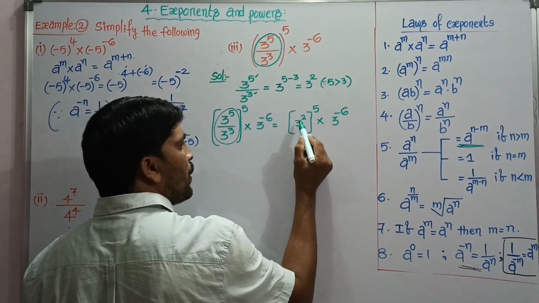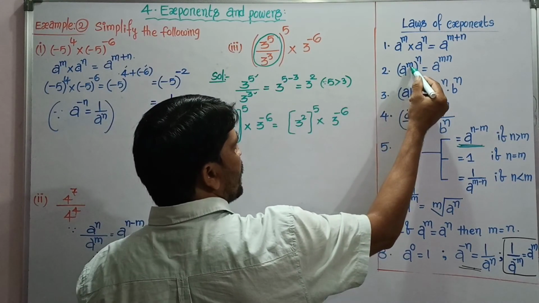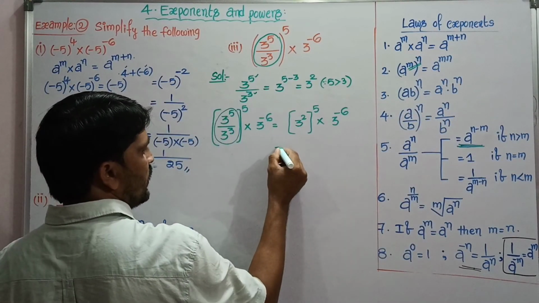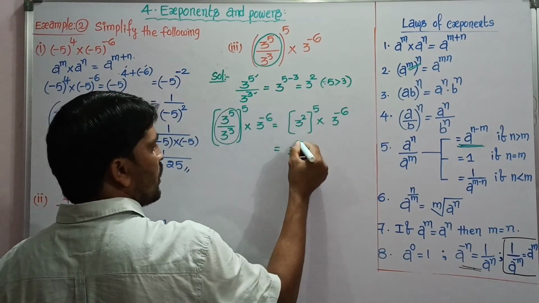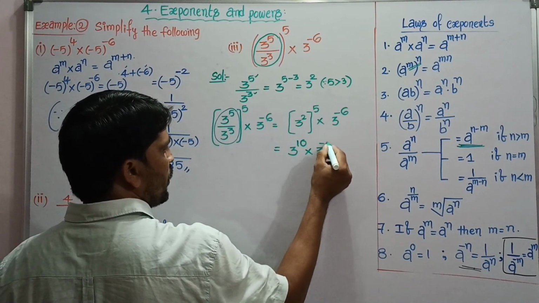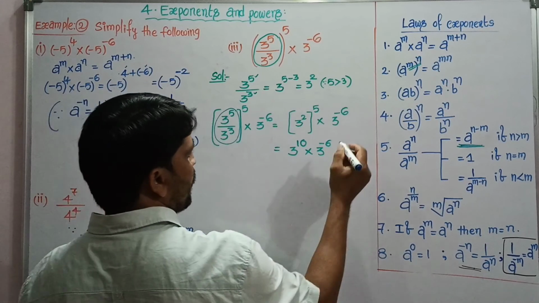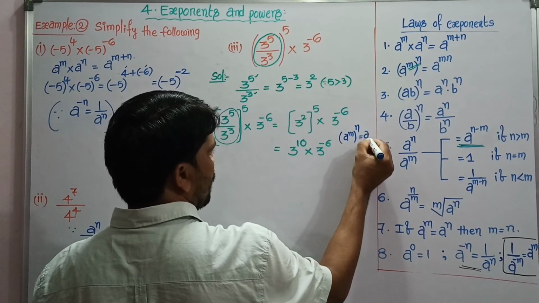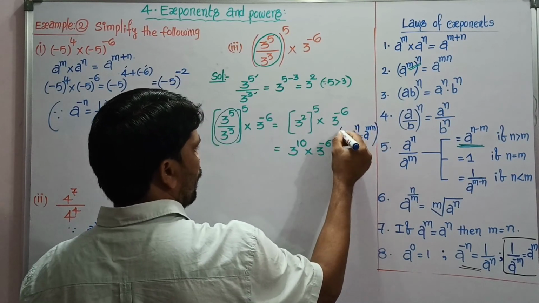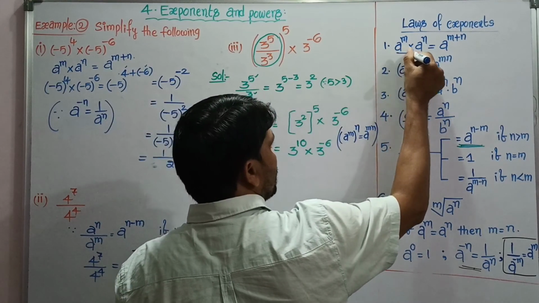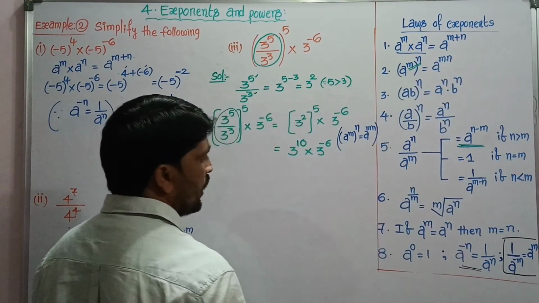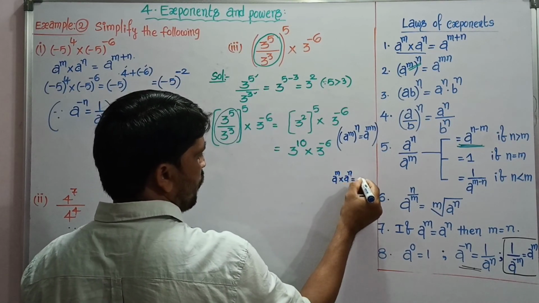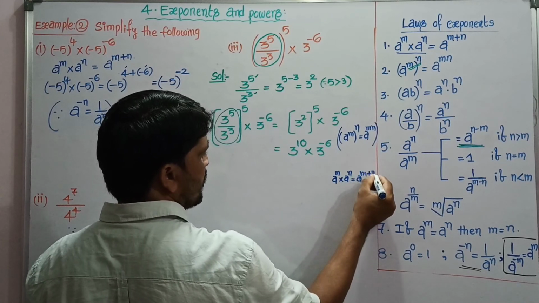Since it is of the form (a^m) whole power n, which equals a^(m into n), we multiply both exponents, that is 3^(2 times 5), 3^10, into 3^(-6). Also we know that a^m into a^n equals a^(m+n).